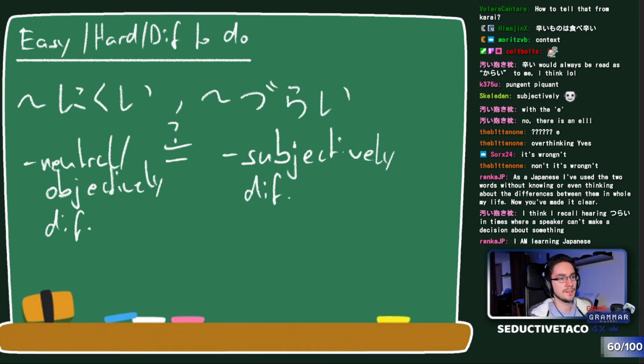If I say a sentence like, for example, how about this? Wait, there was a good sentence here.